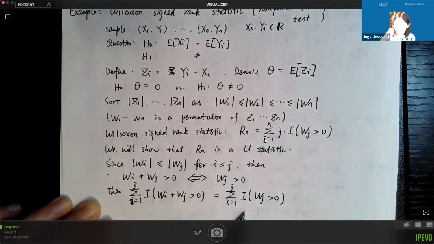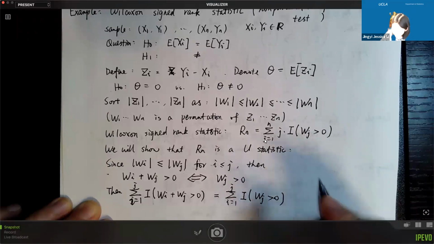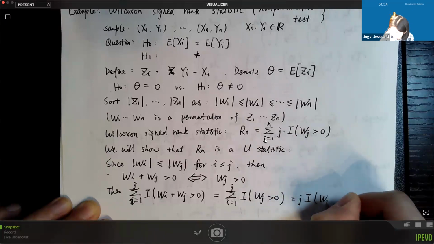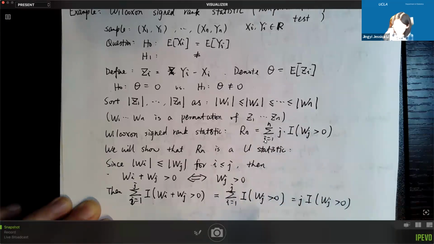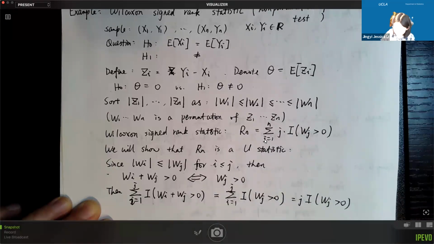And now you see i is no longer involved in the term being summed. So we just repeat this j times. It's j times the indicator Wj positive. And this is exactly what we have in the definition of Rn.